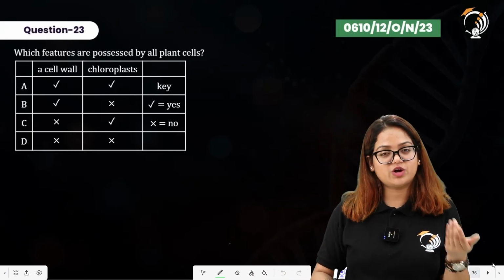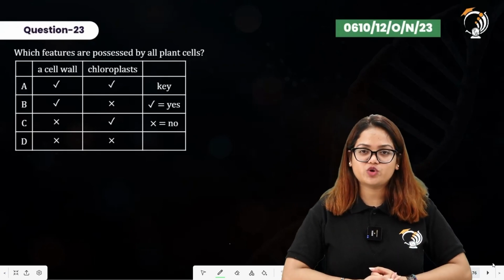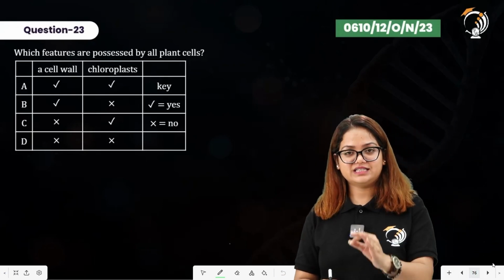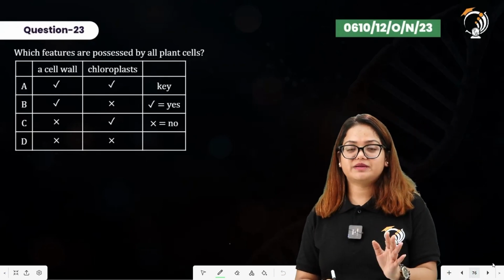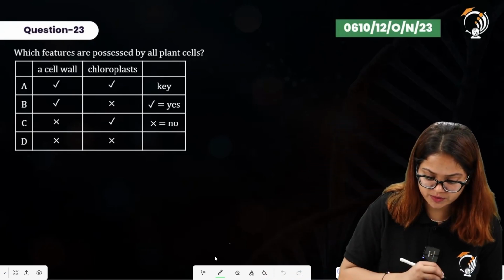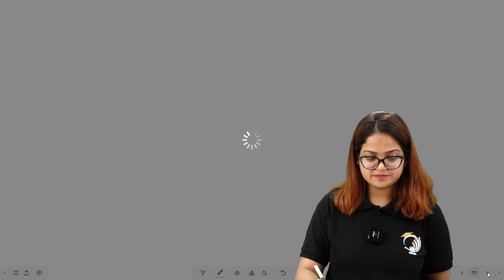We have discussed this already. So considering root hair cells do not have chloroplast in them. So cell wall will be present in all plant cells, whereas chloroplast will be present in those cells that photosynthesize. We got the option as B. So B here is the right answer.